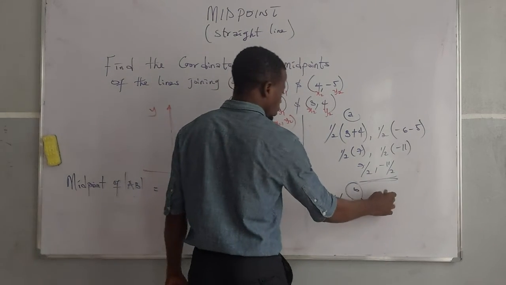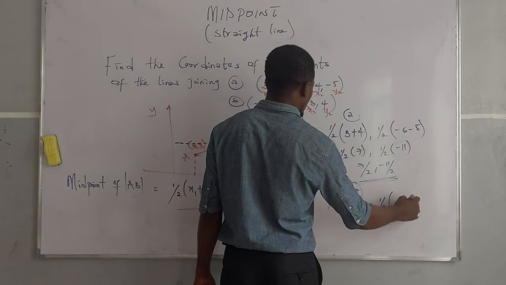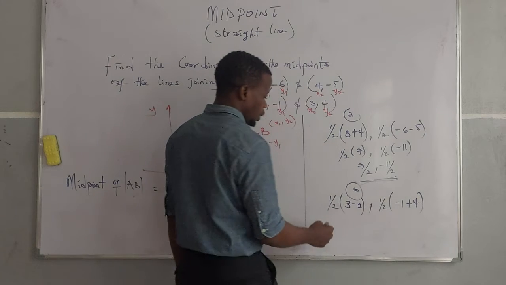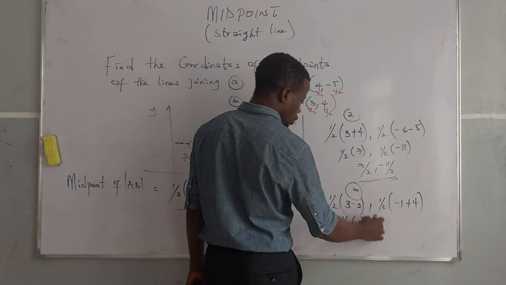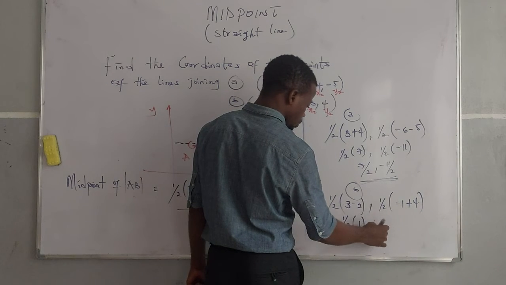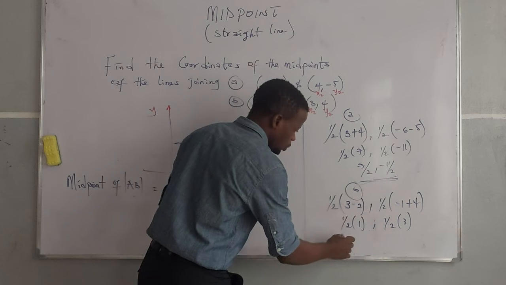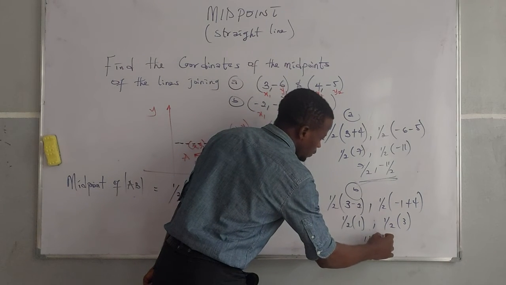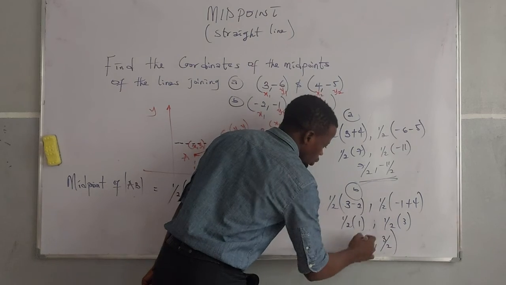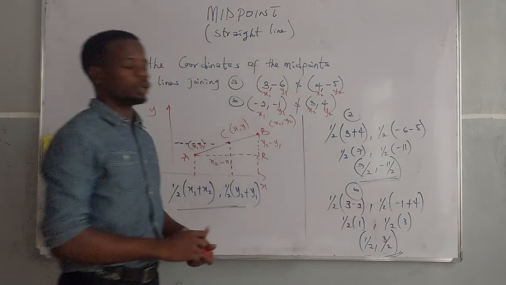Then comma, 1 over 2, y1 is minus 1 plus 4. So what do we have? We have 1 over 2 times 1, comma, 1 over 2 times 3. So that should be what? Half, and 3 over 2. This should be our midpoint for B.